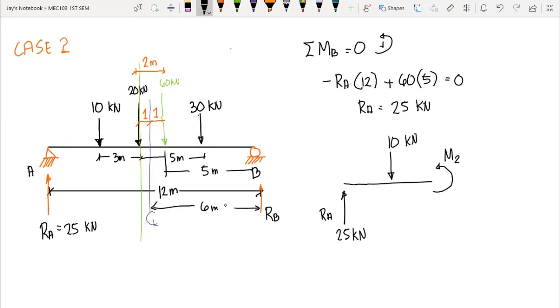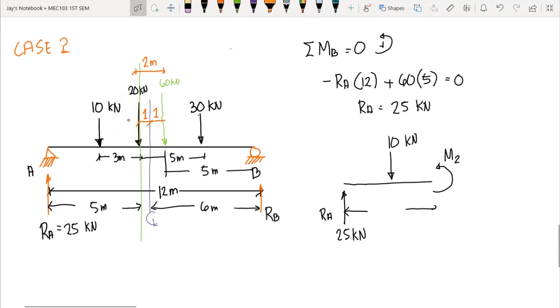And we have the distance of A to the section 2. Okay, this distance, which is equal to 6 meters, correct? Since we have 5 meters. Okay, since from the center line to support A, we have 6 meter. Okay, but we have 1 meter distance from CL, or center line, to 20 kilonewton.